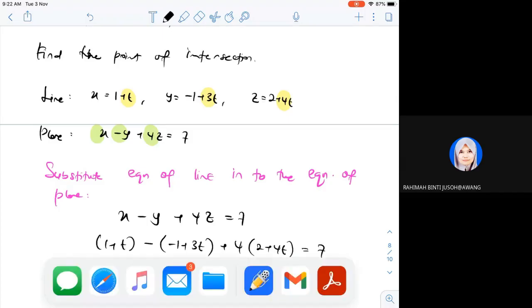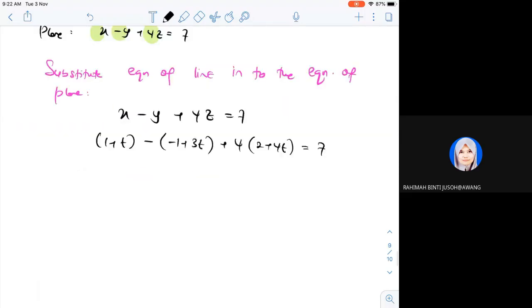So let us solve. 1 plus t plus 1 minus 3t plus 8 plus 16t equals to 7. Guys, kalau saya salah kira bagi tahu. Okay, so kita ada t tolak 3t negatif 2t, so 14t.